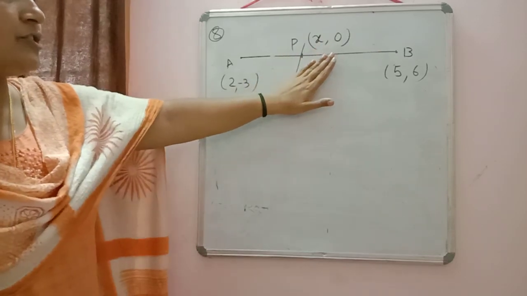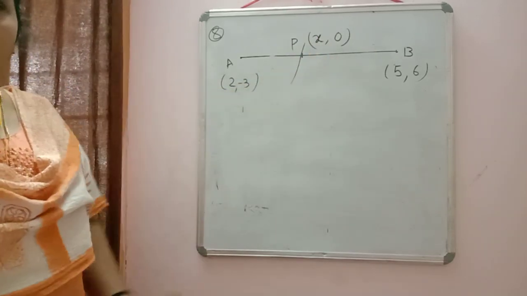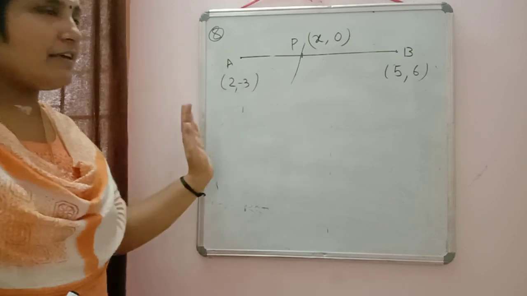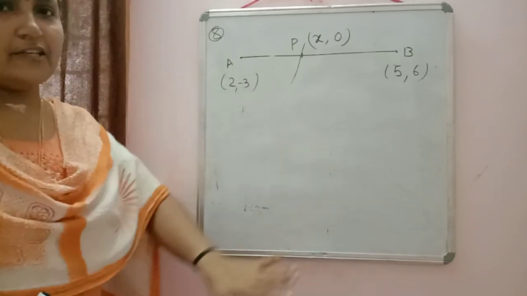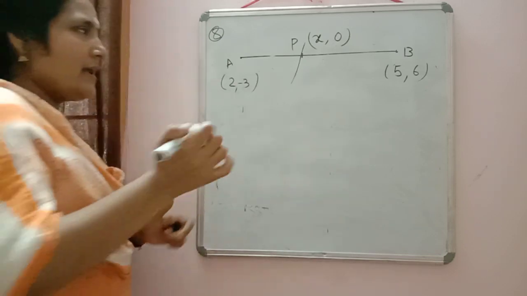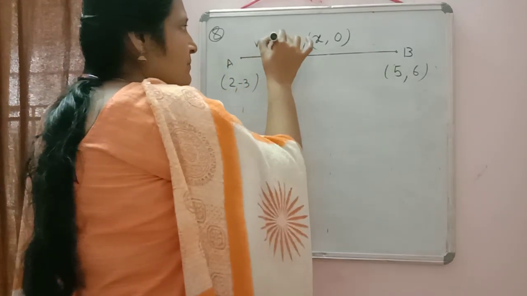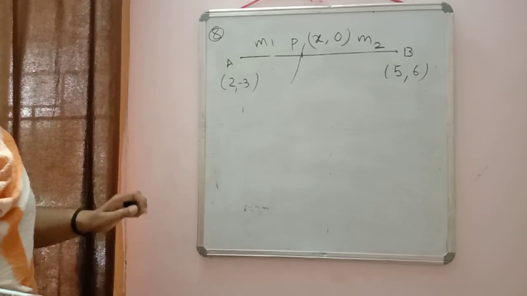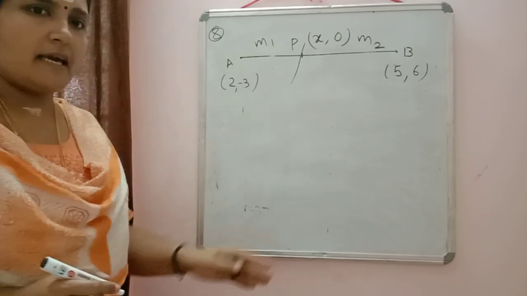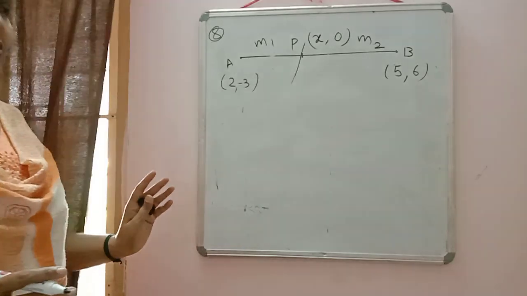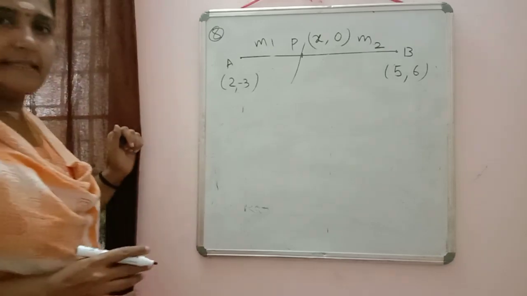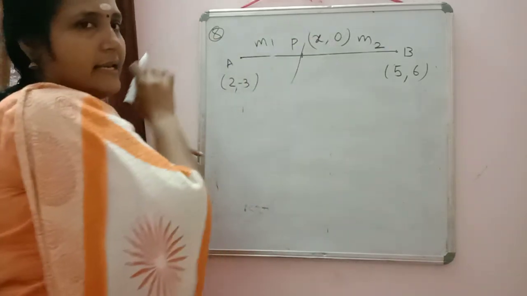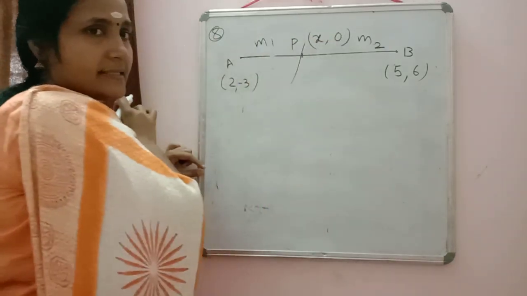After finding the ratio, we want the value of x also. So in the previous question I did with k is to 1. In this question I will do with m1 is to m2. So we have taken the ratio as m1 is to m2. If you are confident with k is to 1, do with k is to 1 only. Now since in this question the y coordinate is given, the y coordinate is 0.